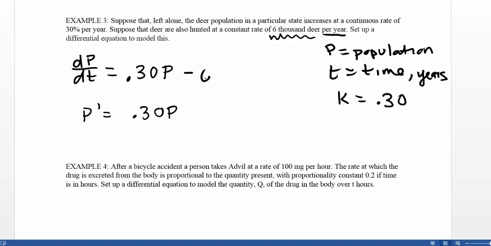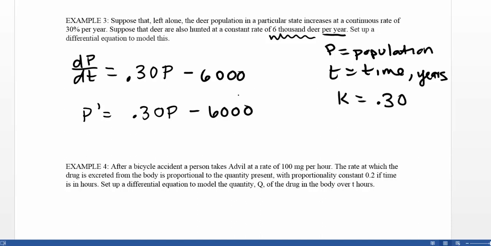So we're going to do minus 6,000. Because no matter what, the growth that happens in any given year is 30% of the population, minus the 6,000 that were hunted, and that tells you the change in population for that year.